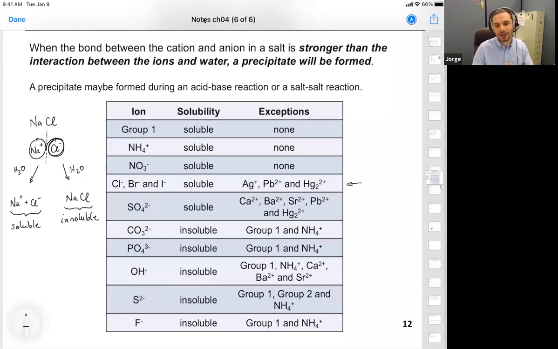But there is one exception, and the exception states that if you have silver plus, lead 2 plus, or mercury 2 plus in the structure of the salt, then that will result in a not soluble salt.